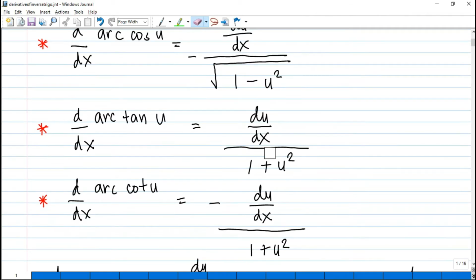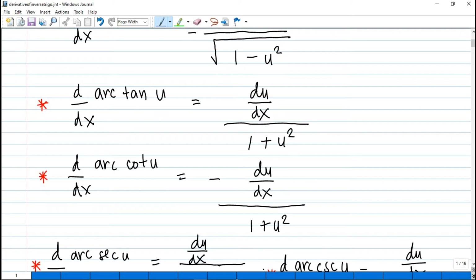Then for the reciprocal of tangent, that is cotangent, the derivative of arccotangent u with respect to x is equal to the negative of the derivative of arctan u. So we just change it to a negative sign: negative du over dx all over, retain the sign, 1 plus u squared.